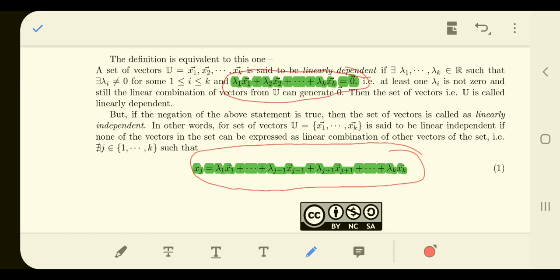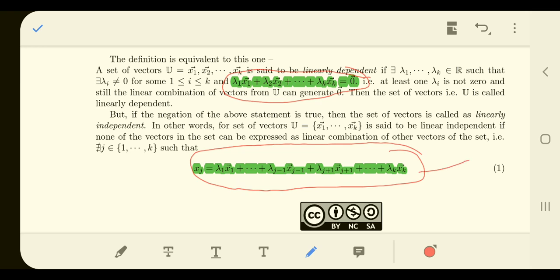And this linear combination should essentially contain at least one non-zero scalar. So if any of these two conditions is satisfied, then we say they are linearly dependent vectors.